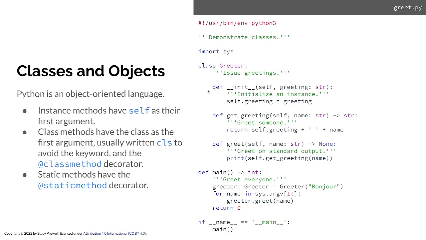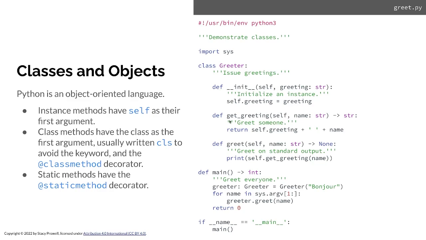And there is one that we'll come back to in a moment and talk about, and that's init. But you can see get greeting and greet take a self as their first argument. So self will be the actual object, an instance of greeter that you're being passed.